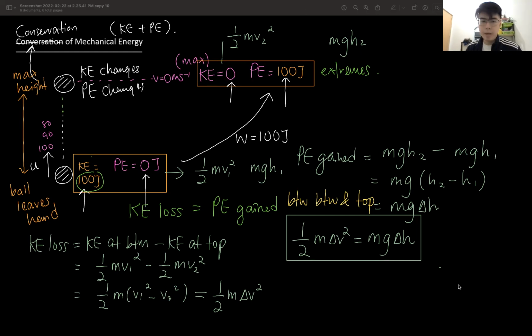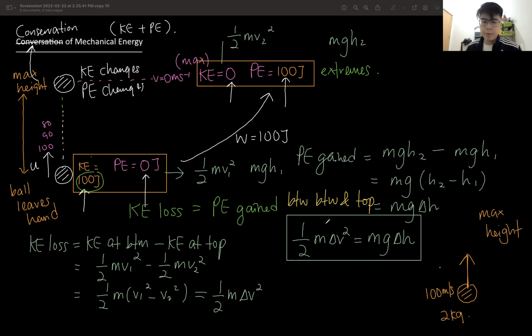So let's say I toss the ball. At first, I give it initial velocity of 100 meters per second. The ball has a mass of 2 kg. The mass is sometimes given, sometimes not given. So I toss it with 100, go up. The question asks you, what is the maximum height it can achieve?